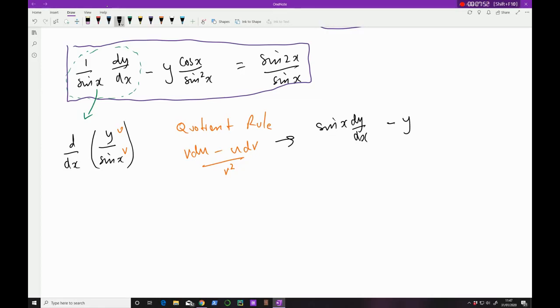The differential of sine x is cos x over v squared, which is sine squared x. Simplified a little bit, this is going to equal 1 over sine x dy by dx minus y cos x over sine squared x.